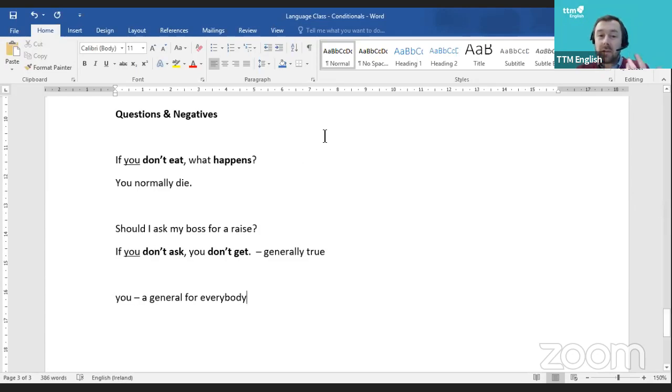Okay, and look at the conditional that we're using here. We're using the zero conditional. So that's something that I want to talk about here. In the zero conditional, we're talking about generally true, normally true, a statement which is true.